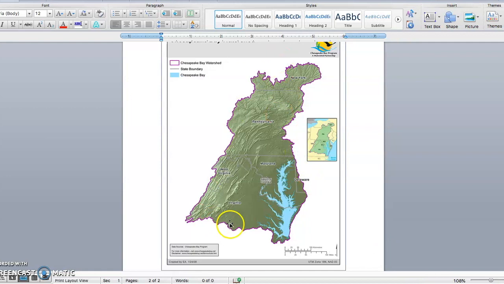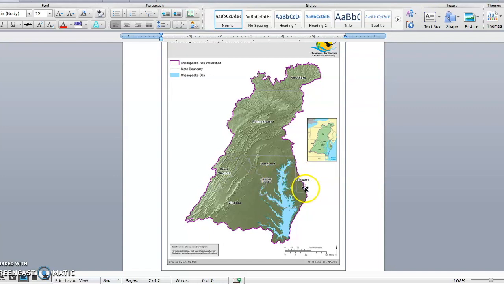Alright, so here we have the Chesapeake Bay watershed, which is the watershed in which we live. So, now, it goes all the way up here to New York, and all the way down here in Virginia. It encompasses Virginia, West Virginia, Maryland. We have ourselves, Washington, D.C. right here.